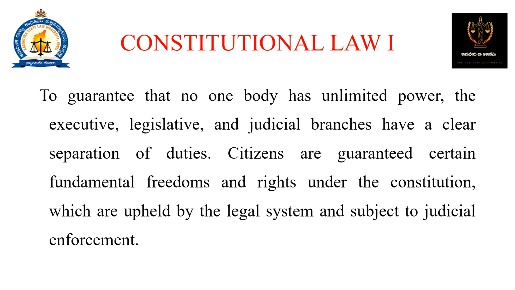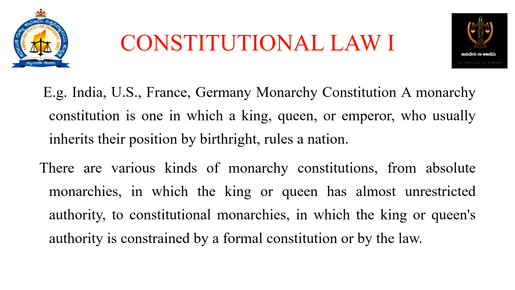To guarantee that no one has unlimited power, the executive, legislative, and judiciary branches have a clear separation of duties. Citizens are guaranteed certain fundamental freedoms and rights under the constitution, which are upheld by the legal system and subject to judicial enforcement. Example: India, US, France, Germany.